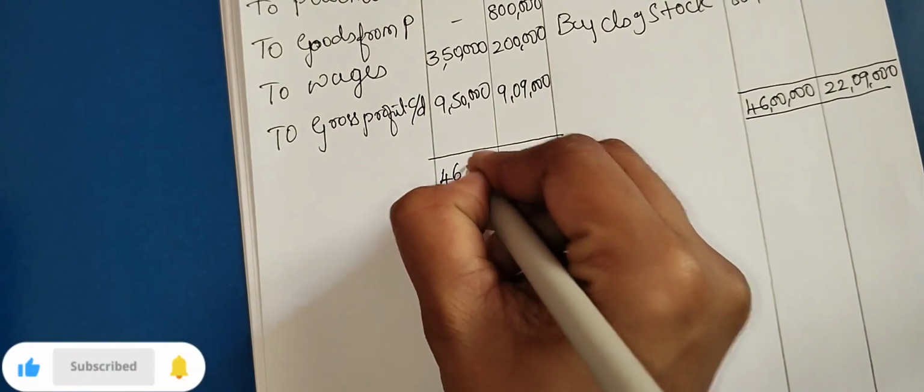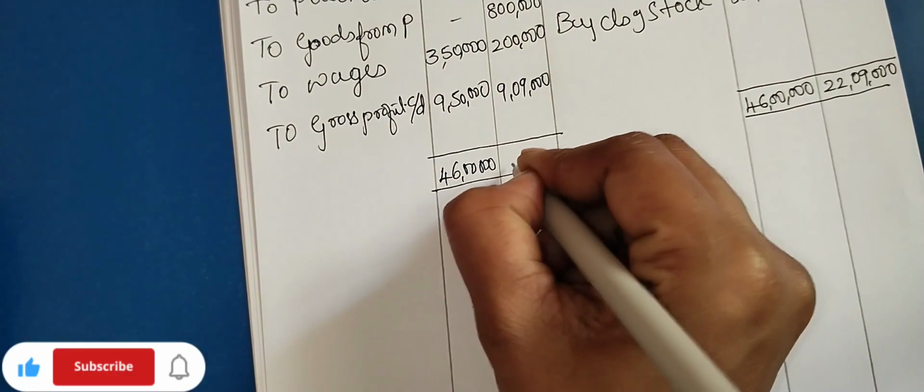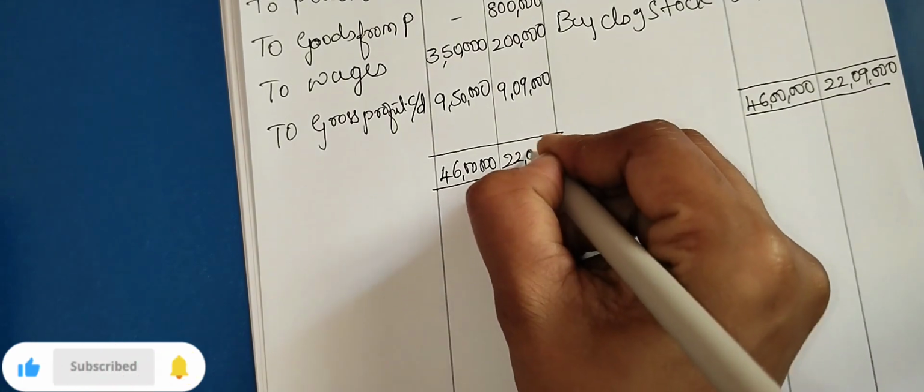Both sides total 46 lakh and 22 lakh 9,000.